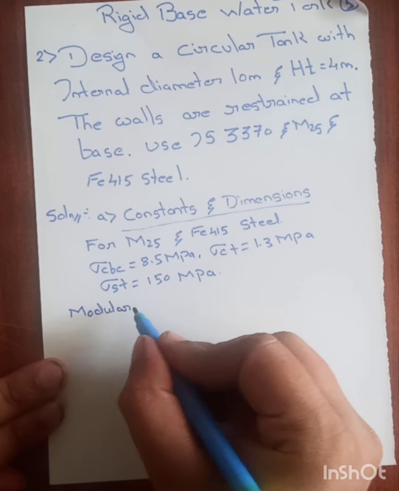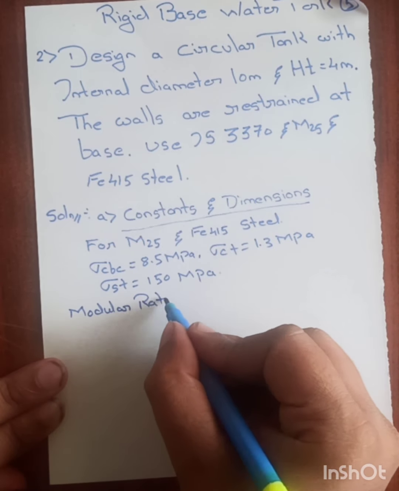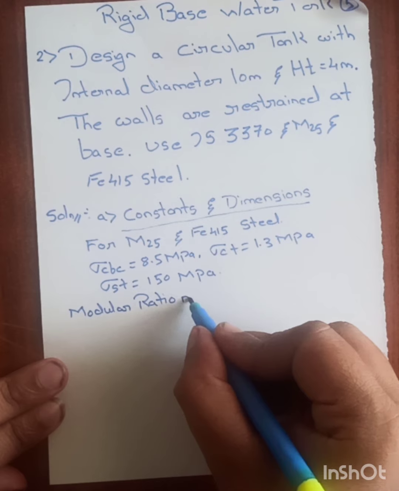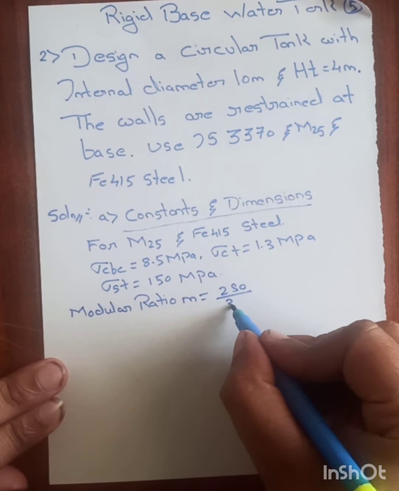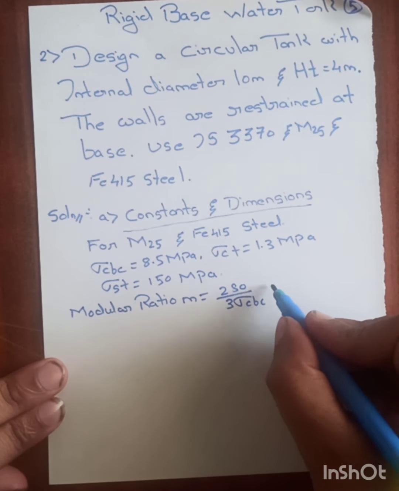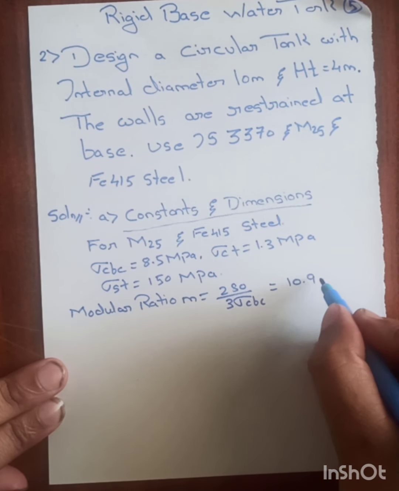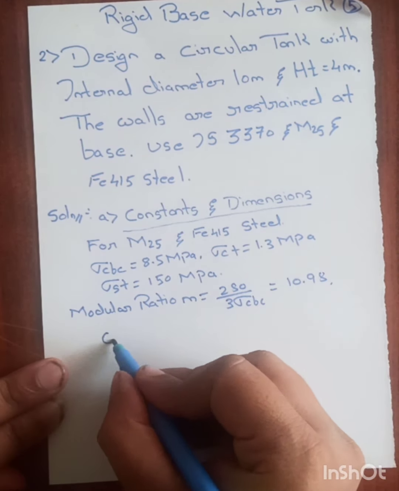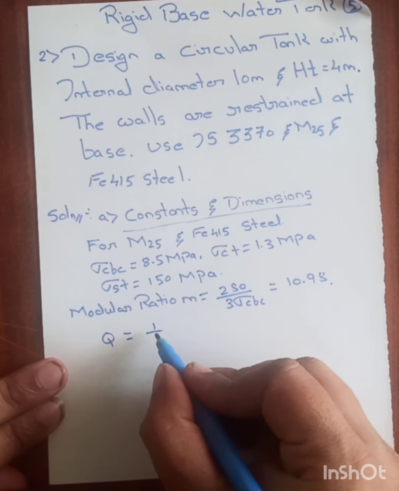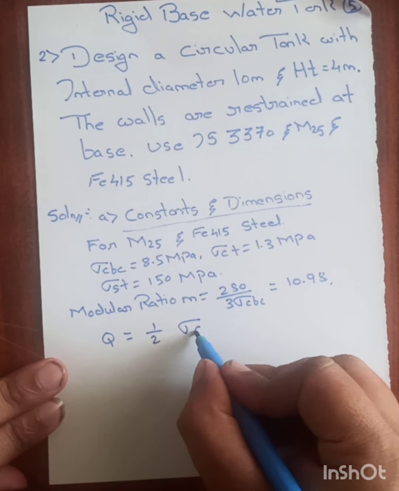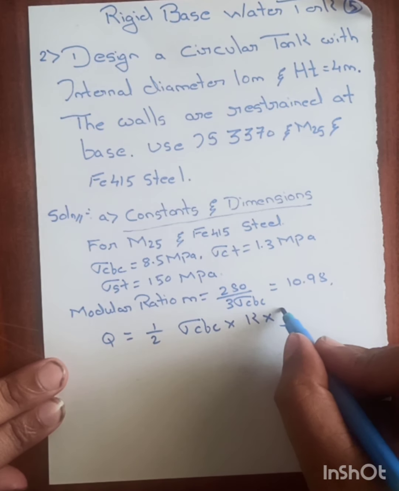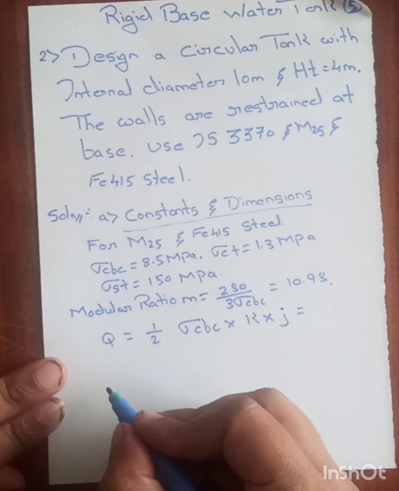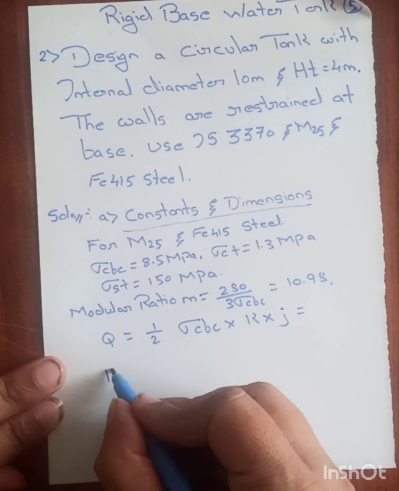Modular ratio, M is given by 280 by 3 times sigma CBC, it is 10.98. Q is given by 1 by 2 sigma CBC into K into J. So I need to find K and J first.